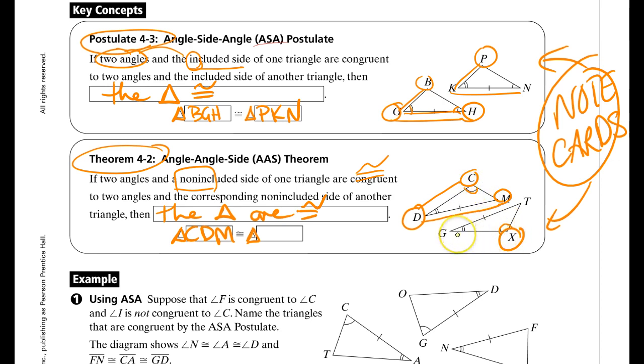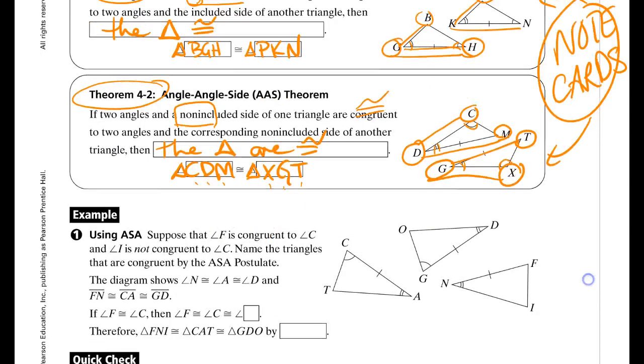Then I continue to the next angle, which would be G. Because I went from C to D, now I'm going from X to G and ending up at this point over here, T. So remember, the order of the letters matters. That tells you a lot about what should line up with what and what corresponds to what.